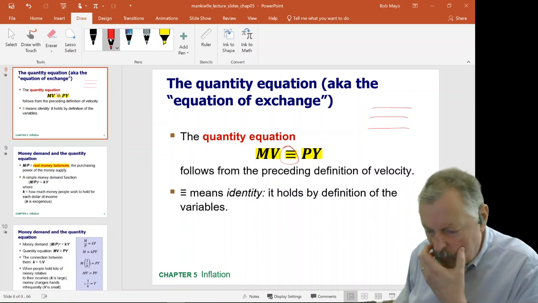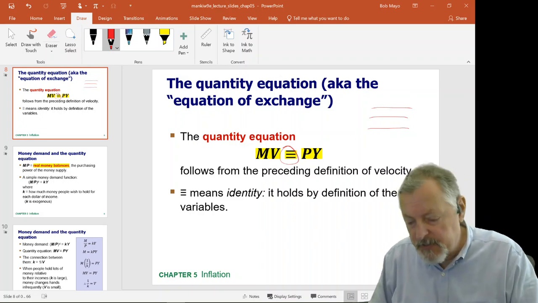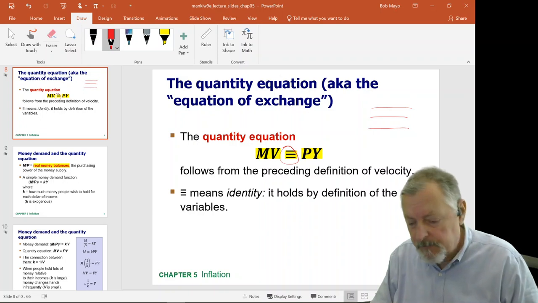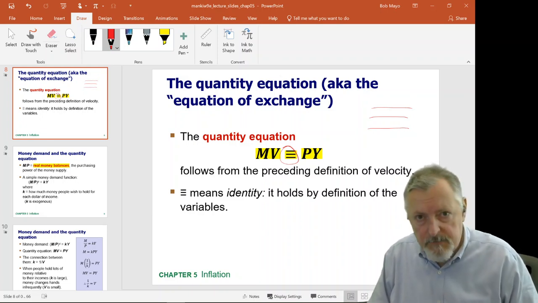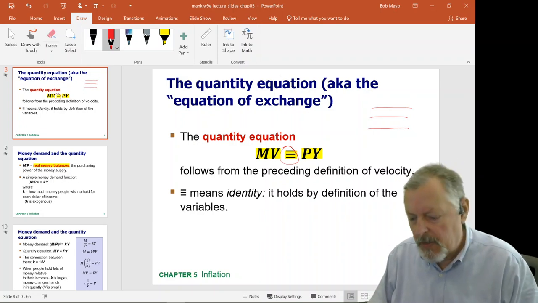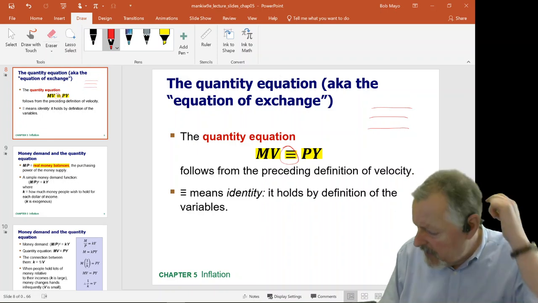Okay, this equation: here M represents the money supply, how many dollars are in circulation. V, the velocity of money, how often each of those is spent. P, the price level, and Y, total output of the economy.